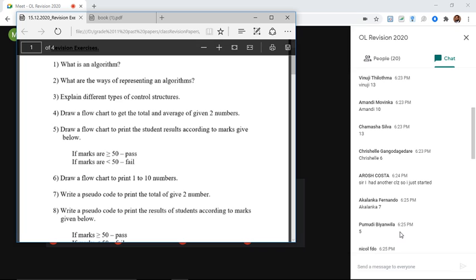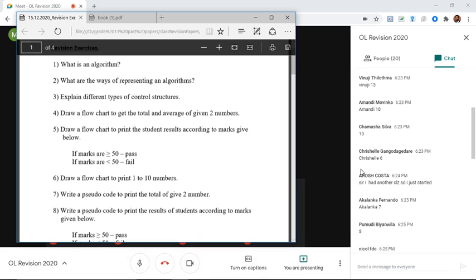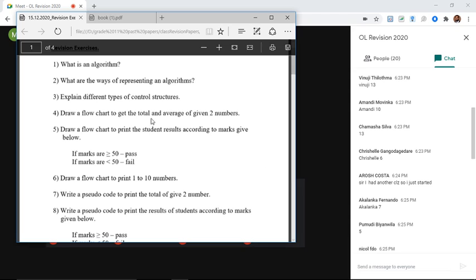Okay, we are using flowchart and pseudocode to represent this algorithm. Flowchart is a symbolic method, graphical representation. Okay, pseudocode, it is textual. You are using some related English language and simply you are explaining how you can solve the given problem.